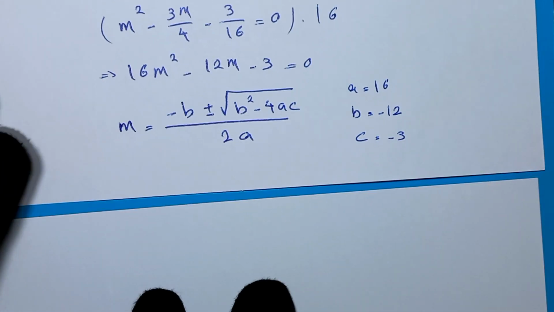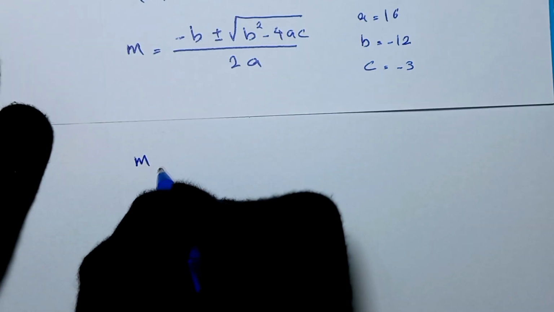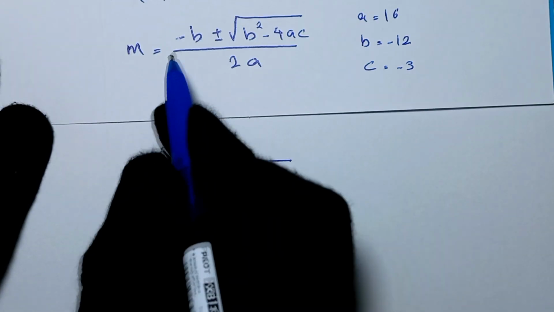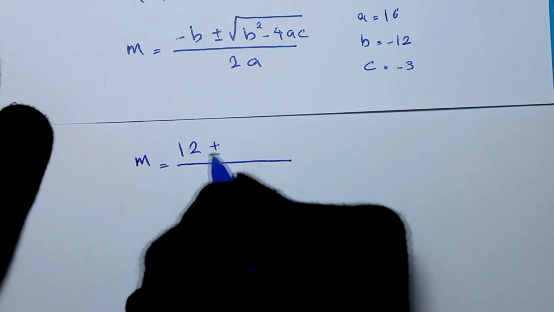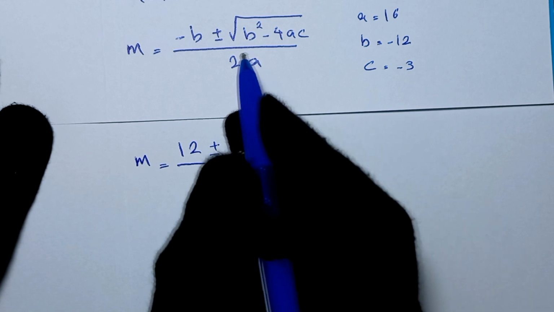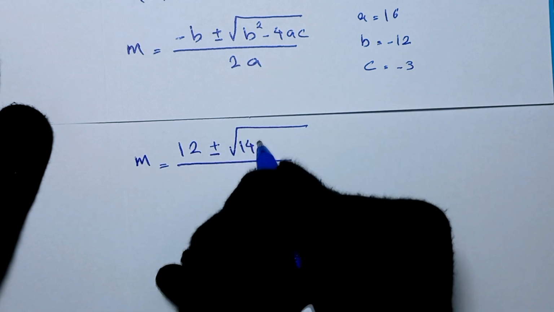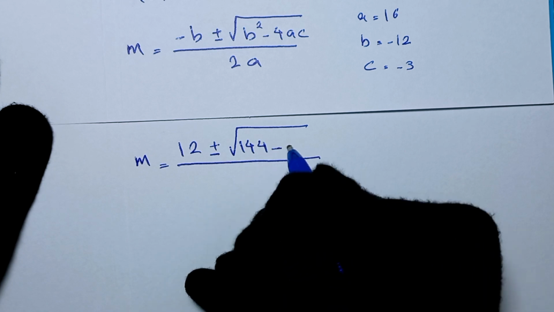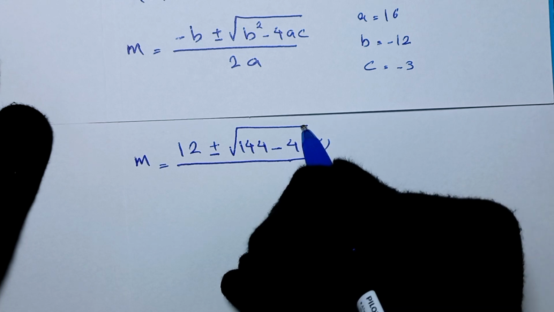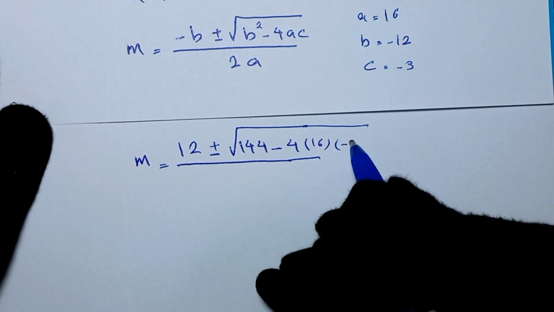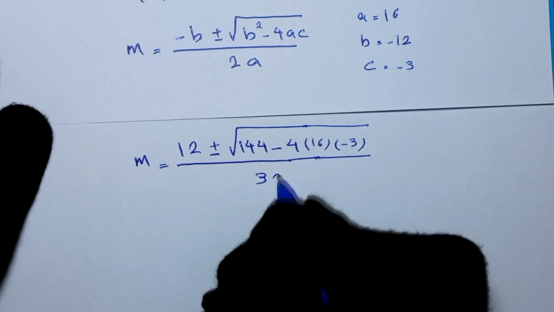And it will be in here, m is equal to negative b. Negative 12 is positive 12, plus or minus square root of b square. B square is 12 square or 144 minus 4 times a is 16, and times c is negative 3 over 2a. 2 times a is 32.